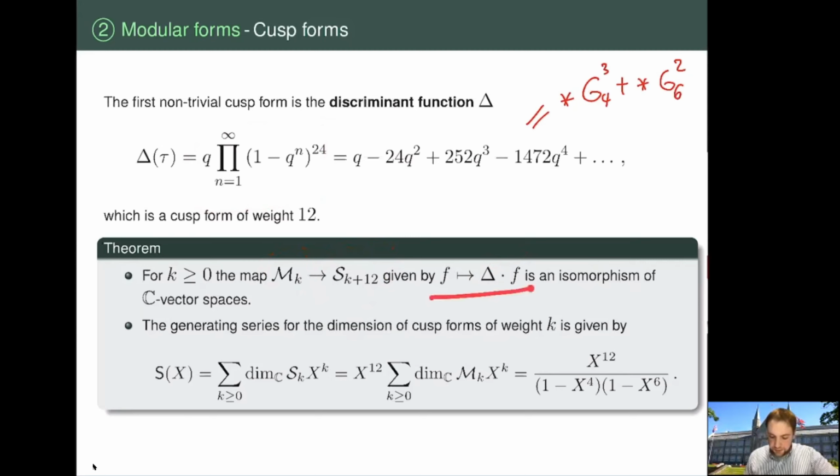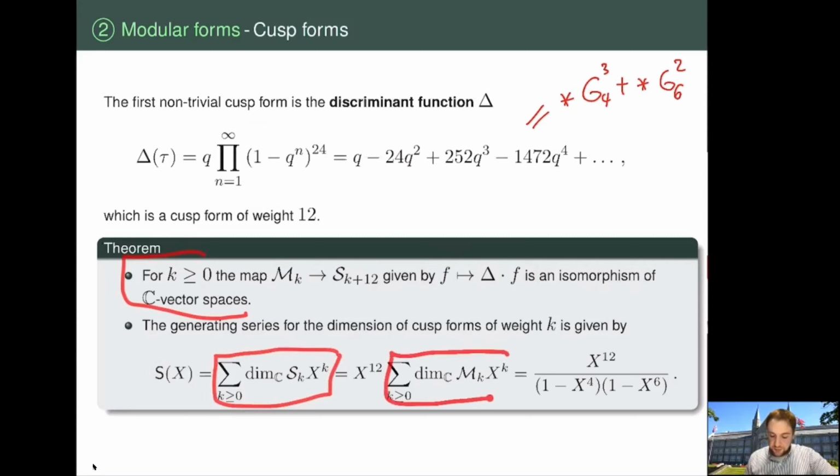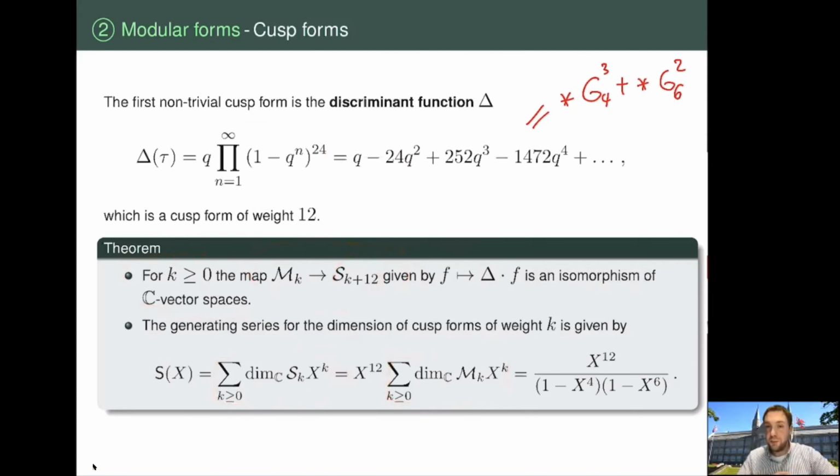And why am I stating this here? Because what I want to explain is the generating series of the dimension of cusp forms. So by this first statement here, the generating series of the dimension of cusp forms is just the generating series of the dimension of modular forms times the factor x to the 12, because this follows directly from here that the dimension is just shifted by 12.